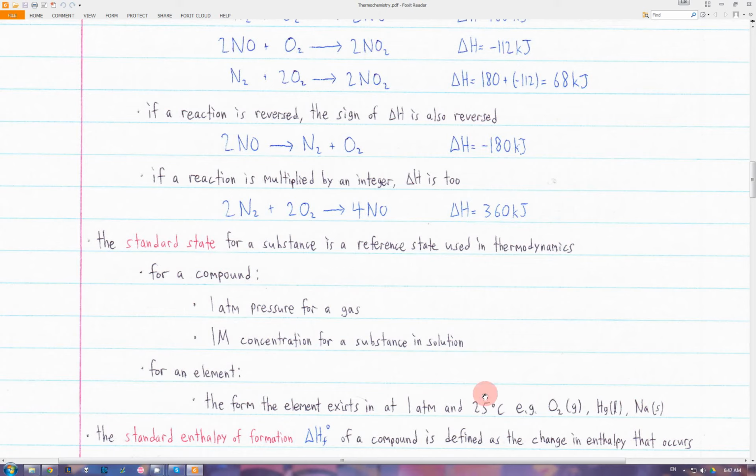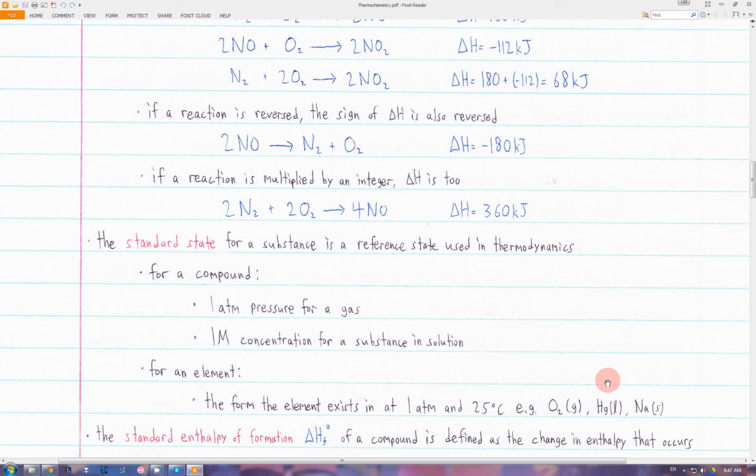Now, note that the standard state does not mean that it's always at 25 degrees Celsius. This is just a way to define the natural state of an element. So we can have a substance at standard state at other temperatures than just 25 degrees Celsius. Now this is different from STP for a gas, where STP always means 0 degrees Celsius and 1 atm.